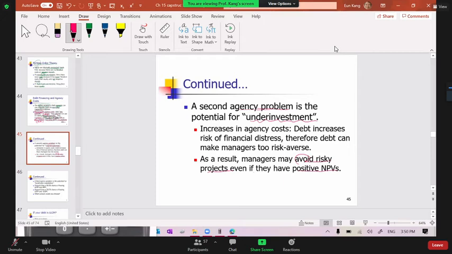So that increases the risk of financial distress. Therefore, that makes managers too risk averse, right? So because of that, agency cost goes up because what?